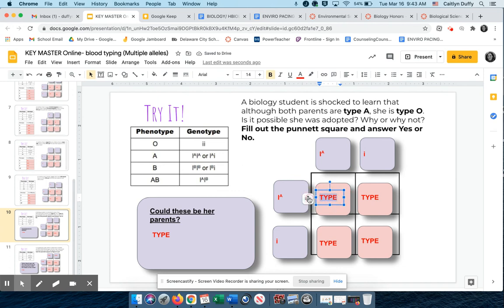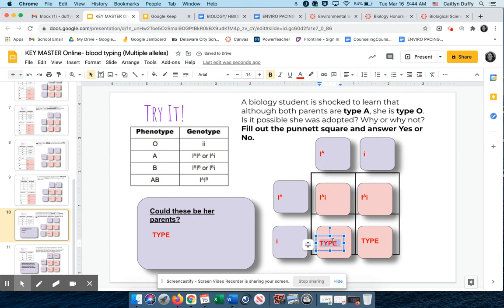So if this was the case, big I, big A, little i. Nope, that wouldn't work. All right, let's try again. If we put this together, big I, big A, little i again. Okay, let's try this one.